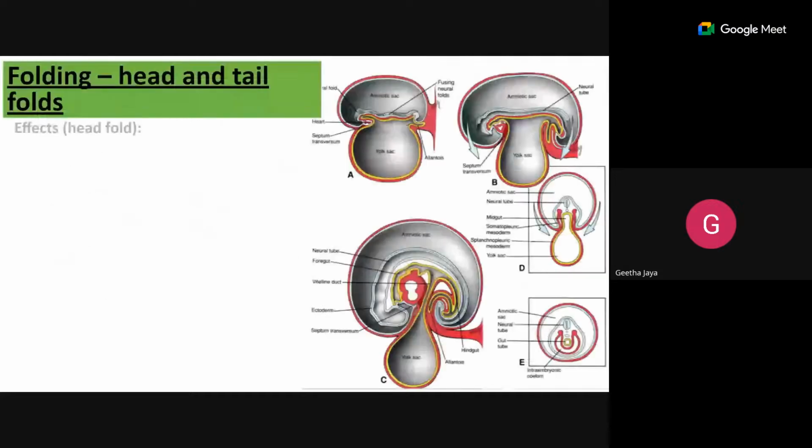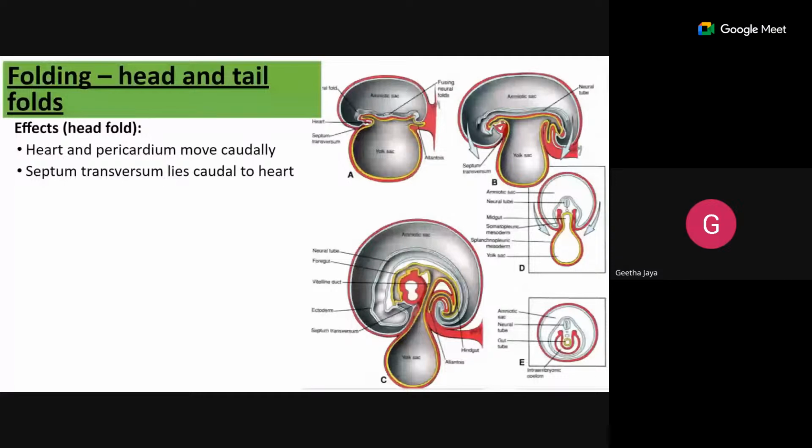Now, coming to the effect of the tail fold, also I have said the heart and pericardium have moved caudally. The septum transversum lies caudal to the heart, and the head with the brain occupies the cranial-most end.